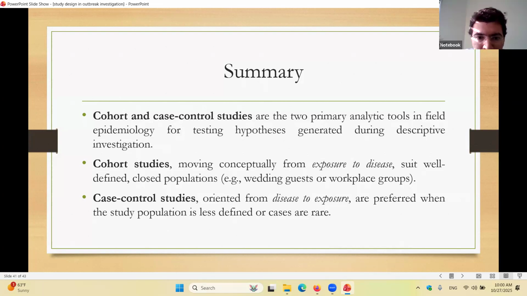Cohort studies, moving conceptually from exposure to disease, suit well-defined closed populations, for example wedding guests or workplace groups. Case control studies, oriented from disease to exposure, are preferred when the study population is less defined or cases are rare.